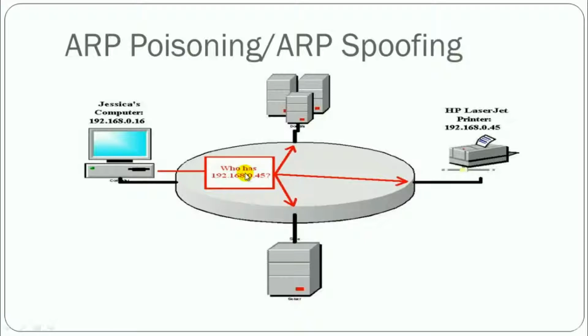It gives a specific IP address to a physical machine, and it is recognized only in the local area network. For example, in IPv4, the most common version of IP in use today, an address is 32 bits long, and in Ethernet or local area network, the addresses for attached devices are 48 bits long, and the physical address is also known as the media access control or MAC address.